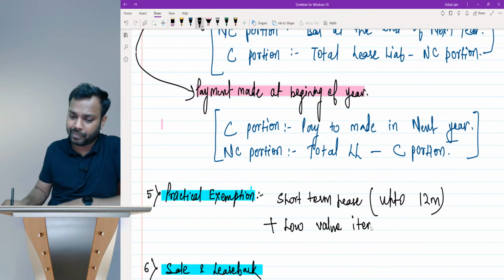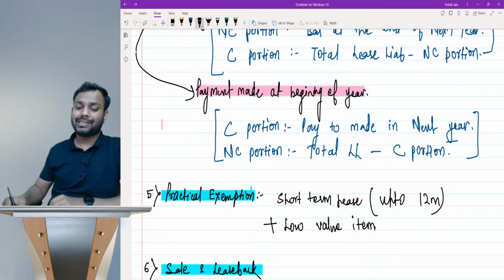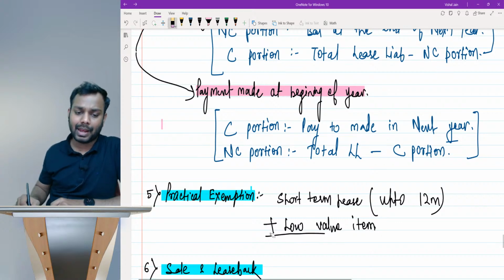If the lease is of a low value item or a short-term lease, the standard says there is no requirement to recognize.